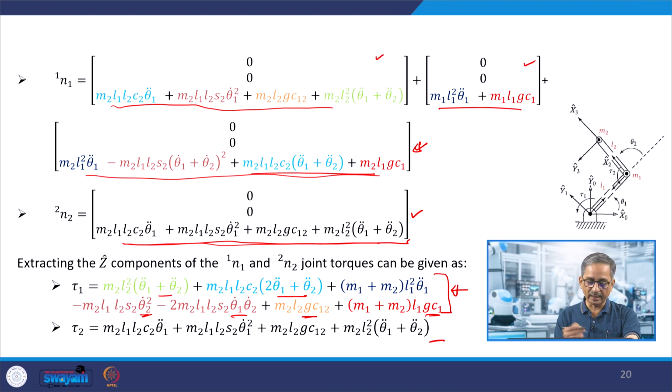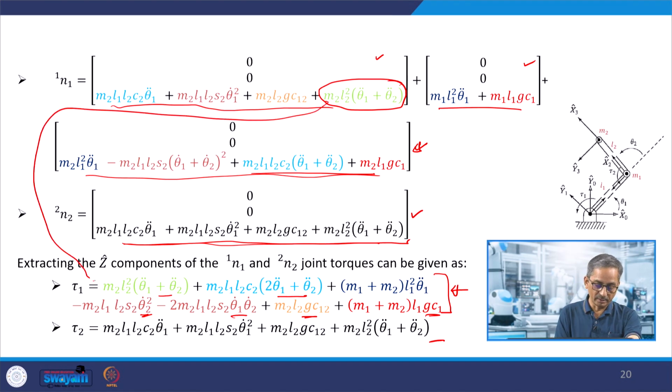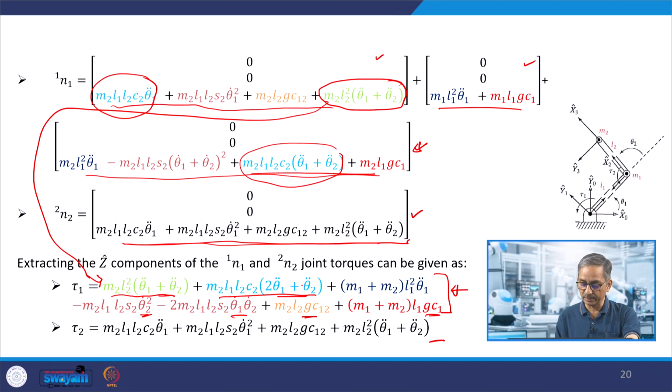So, here as I said, I have done some color coding over here. So, for example, this term is what is written over here, okay. So, this is how I have put it, and these 2 terms are combined, this term and this term are combined over here and written together, okay. So, this I have done intentionally for you to have a better understanding, okay.